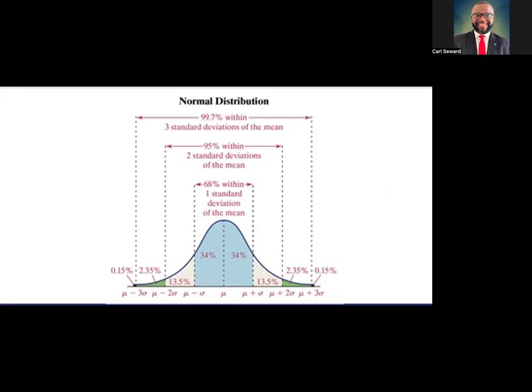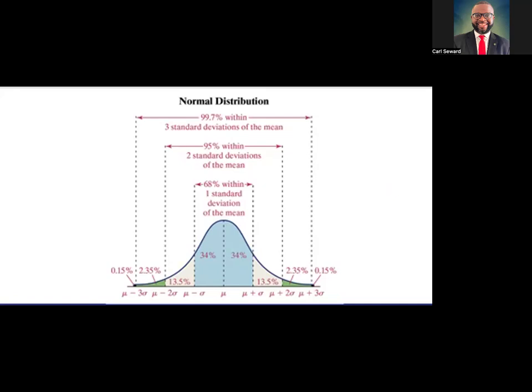If I go two deviations to the right and two deviations to the left, we call that two standard deviations, and 95% of the data, almost everything or everyone that you're trying to capture, is within two deviations.